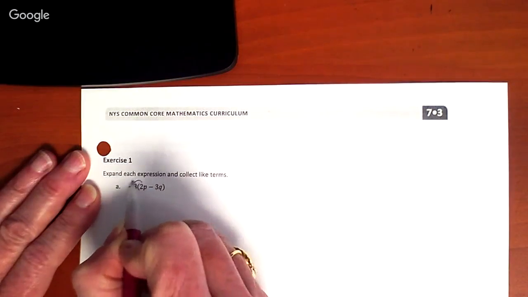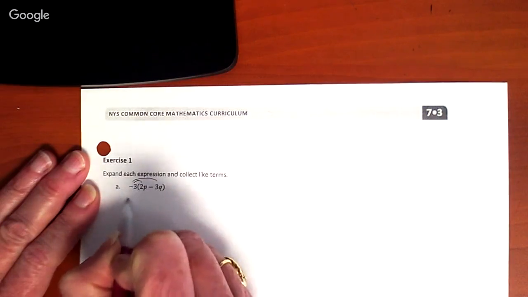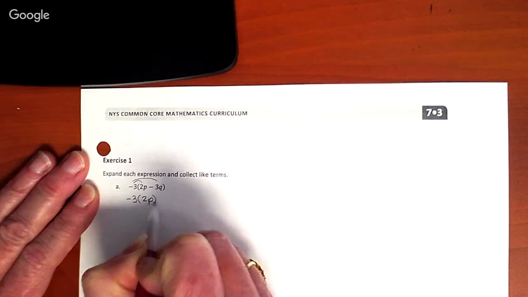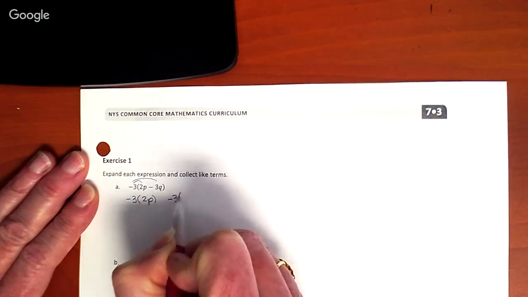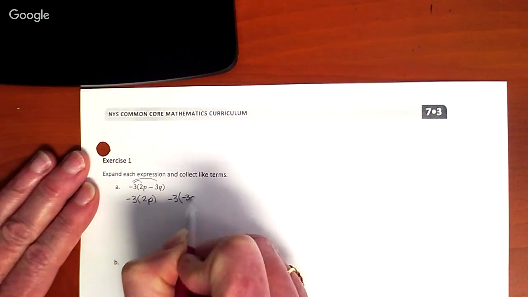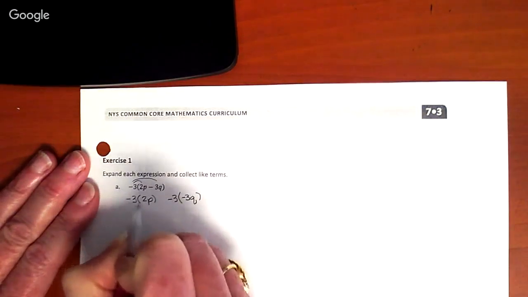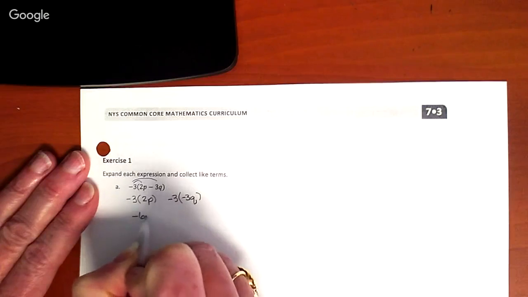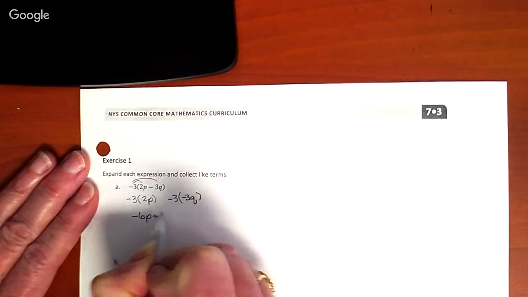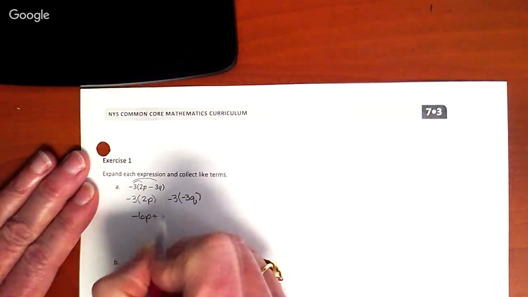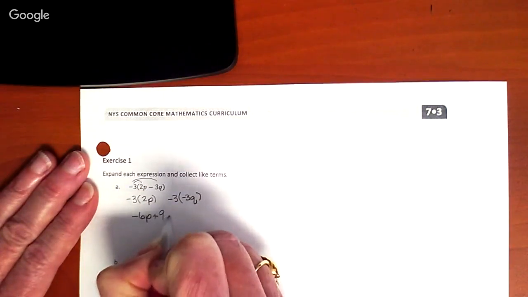So again, here we have negative 3 times 2p, negative 3 times negative 3q. So here we have negative 6p plus, because same sign means our answer is positive, 9q.